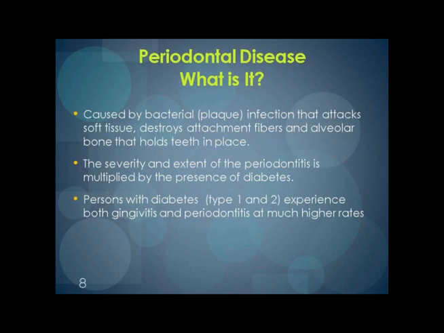Firstly, let's look at periodontal disease, or gum disease. The bacteria in dental plaque irritates the gums and causes infection, to which the body responds by causing the gums to become red, swollen, and bleed easily. Gingivitis, or early gum disease, rarely causes pain and discomfort, and therefore it is particularly important that we be aware of even slight changes in gum tissues when caring for the older diabetic patient.